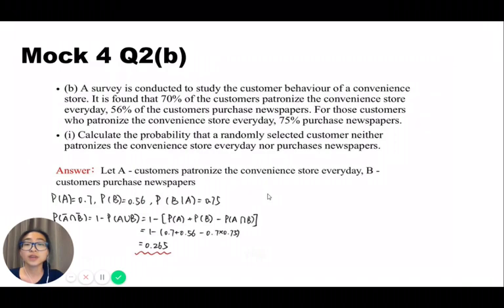Under the condition of event A, the probability of B is 0.75. So the answer is the probability of neither A nor B is equal to 1 minus the probability of either A or B. So just calculate it like this here, and we will find the outcome is 0.265.